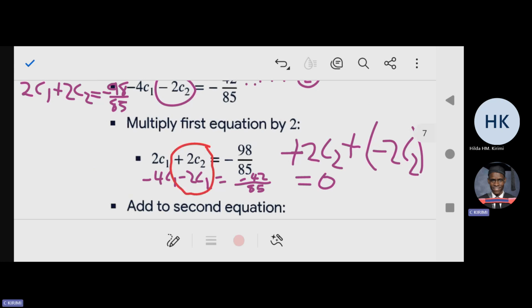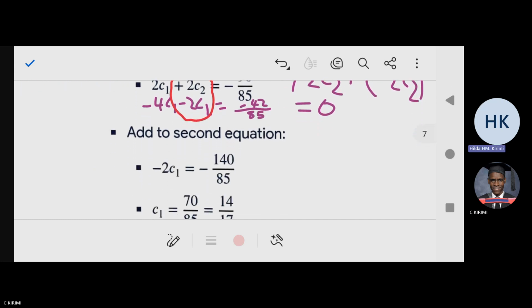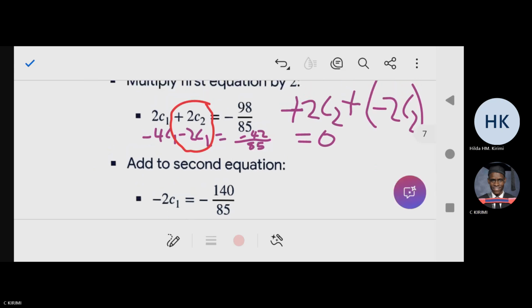2C1 minus 4C1. What do you get? It's minus 6C1. No, it's not minus 6. 2C1 plus. Remember, we are adding these two equations. We are plussing. So 2C1 plus minus C1, what do you get?